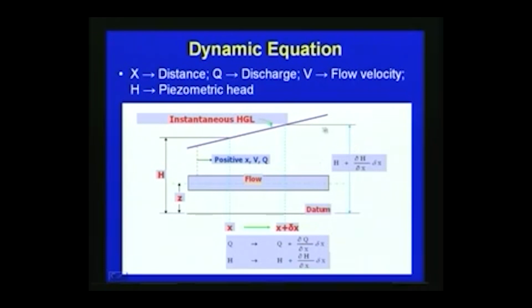This is the control volume we consider, where x is the distance, q is the discharge, v is the flow velocity, and h is the piezometric head. We consider the control volume between sections 1 and 2 to derive this dynamic equation.